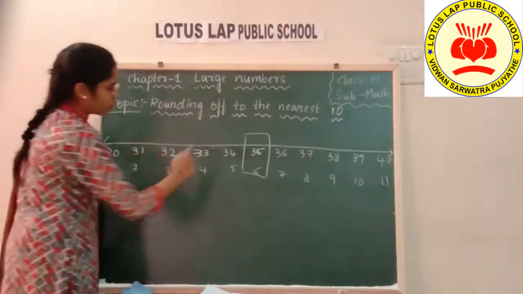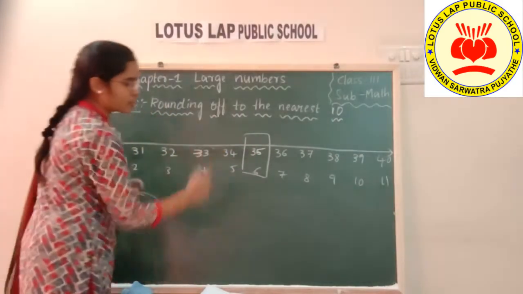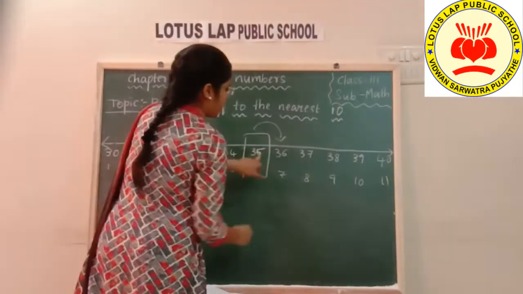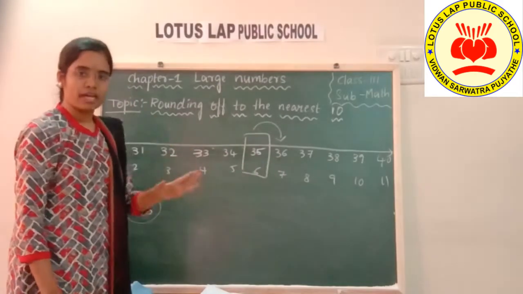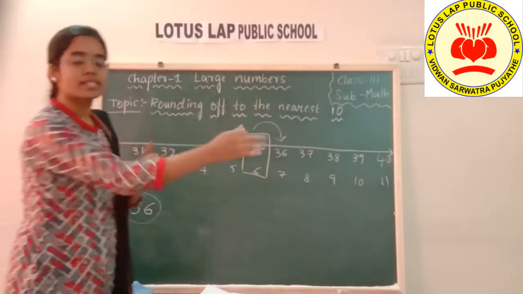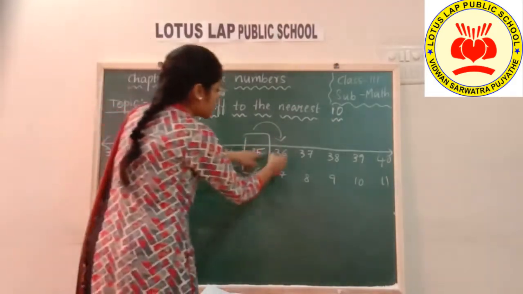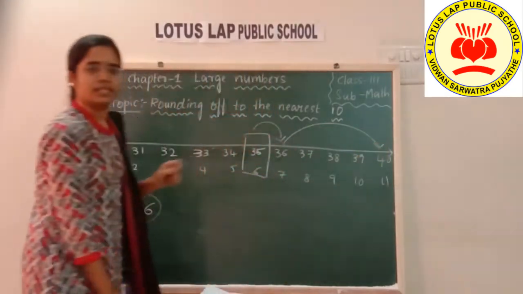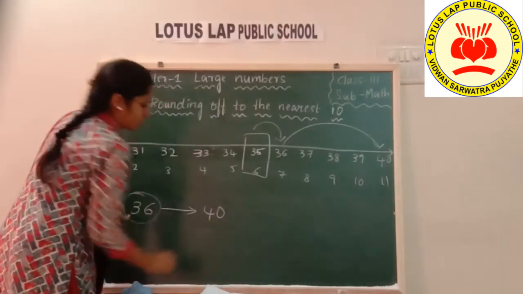Check where 36 is, children: before 35, before the reference value, or after the reference value? Yes, it is after the reference value, children. As I told you, if the number ends with 5, 6, 7, 8 and 9, it is to be rounded off to the next tens value. As 36 is after 35, it is to be rounded to 40. So the rounding off value for 36 is 40.